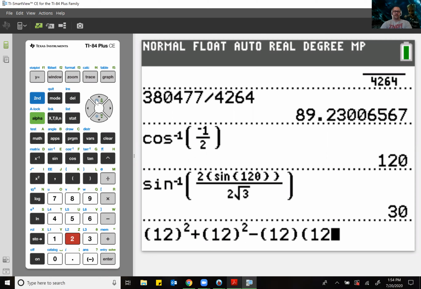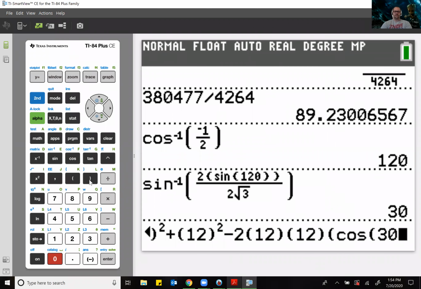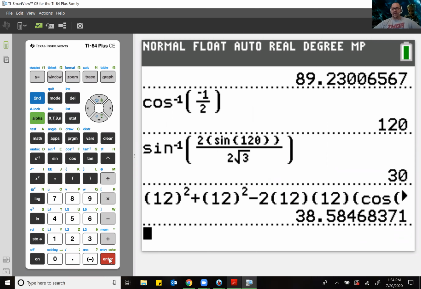I almost forgot my 2 in front. Insert 2. There we go. So minus 2 times 12 times 12 times cosine 30. Close, close. There we go. Same way I have it written on my paper. And there is what x equals when it is squared.